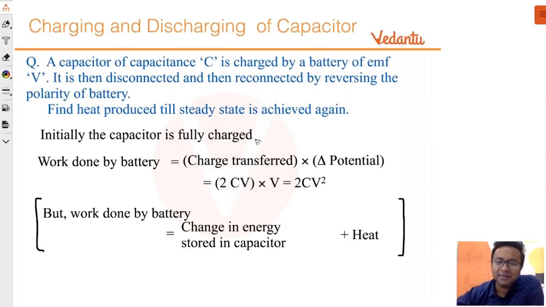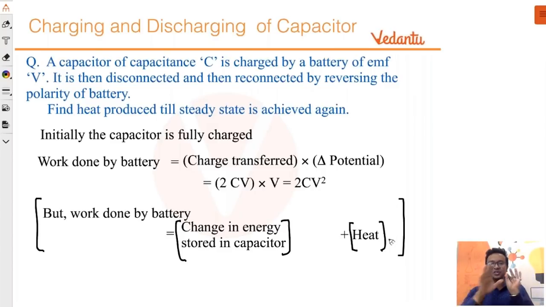It is equal to the change in the energy stored in the capacitor plus whatever heat is produced. So whatever energy is provided by the cell or the battery does 2 things. It changes the energy in the capacitor, and second, heat gets dissipated across the resistor, or the flowing wires, and if it's an ideal wire, then only across the resistor.